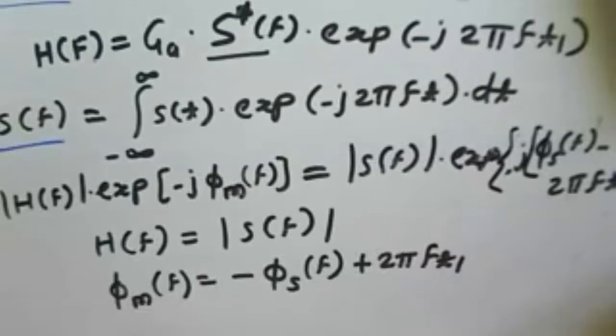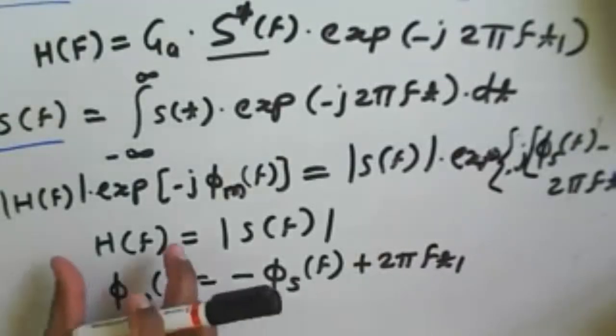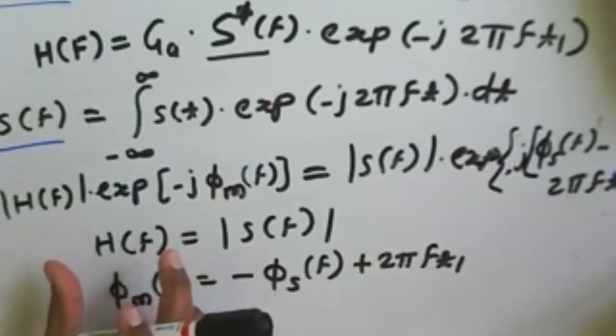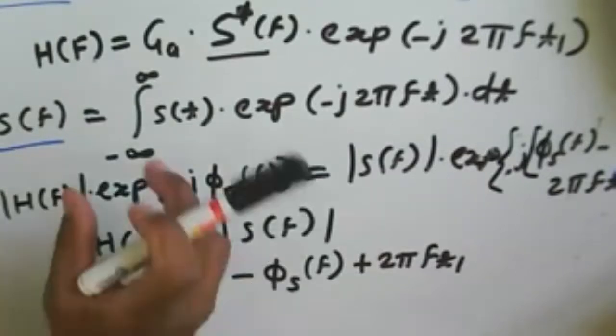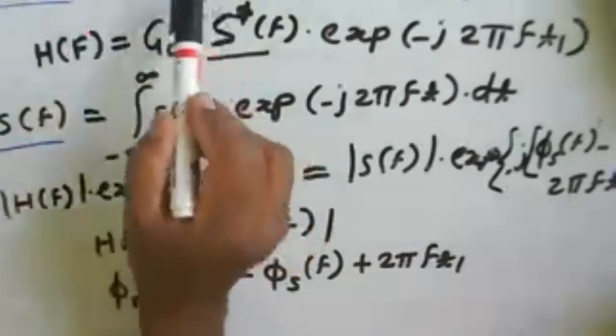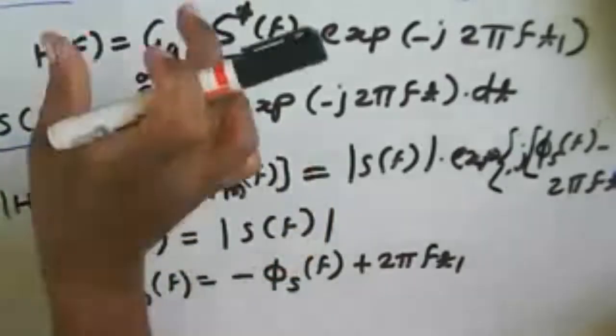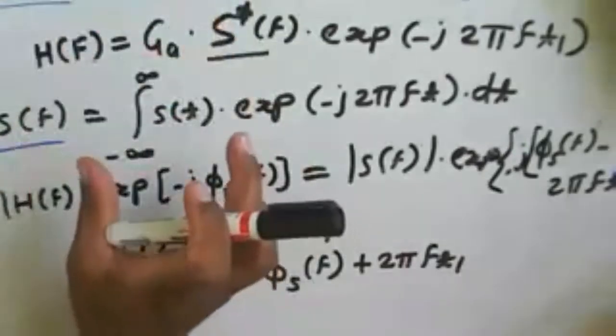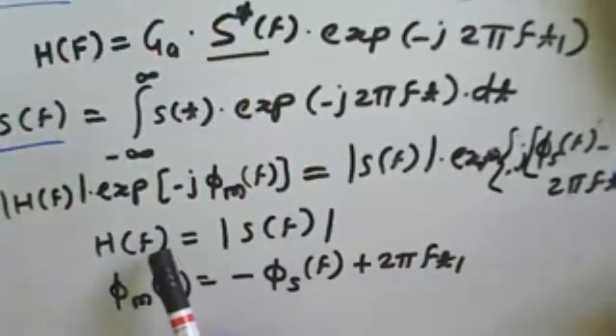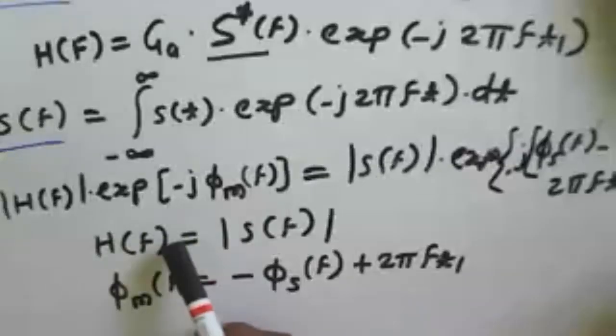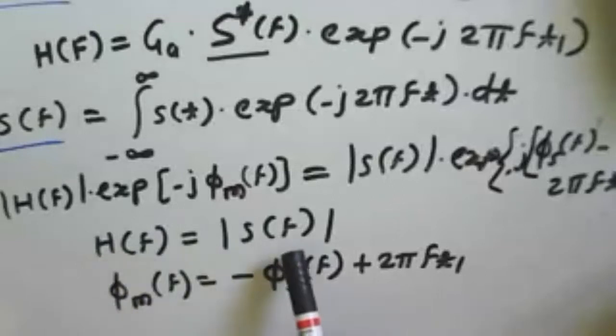The amplitude of the matched filter spectrum will be the same as the spectrum of the signal, H of f equal to S of f.